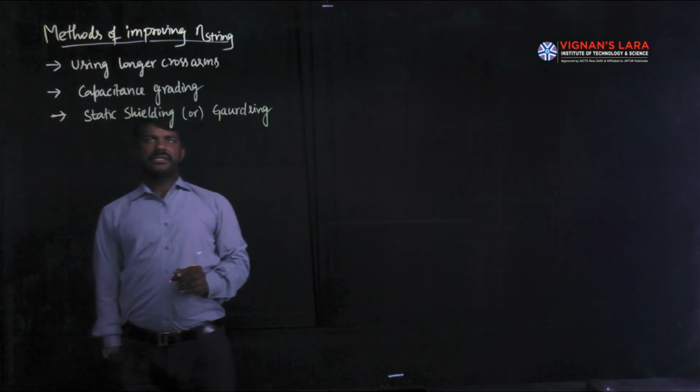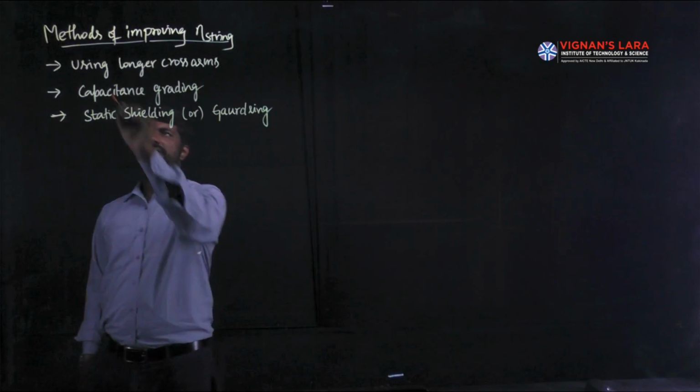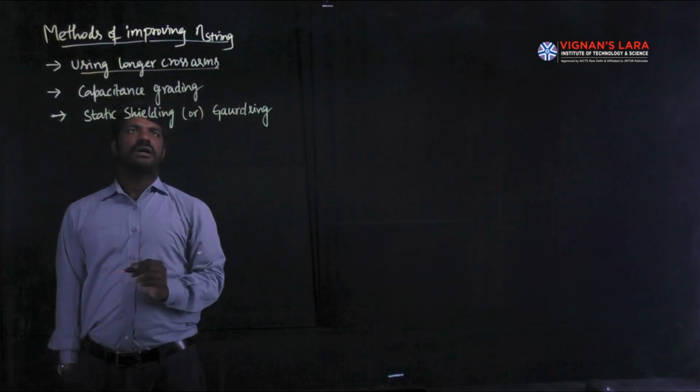These three are the methods which are in general used to improve the string efficiency. Let us go for the first one, that is using longer cross arms.